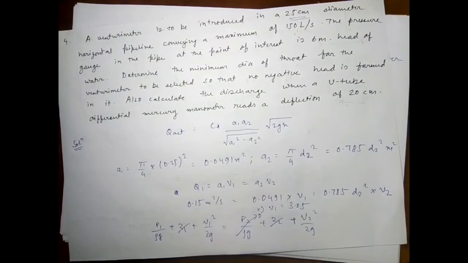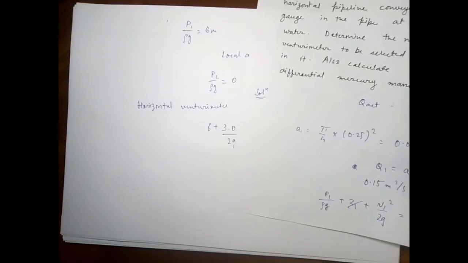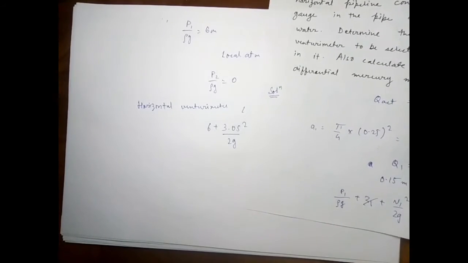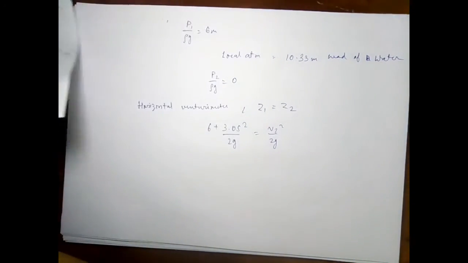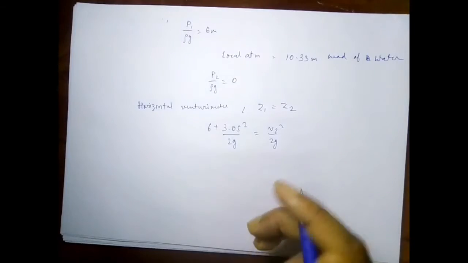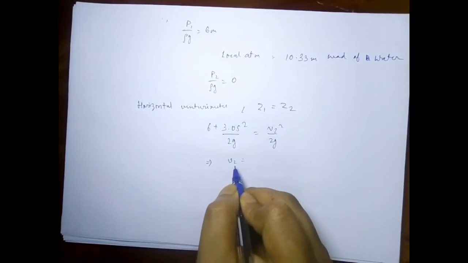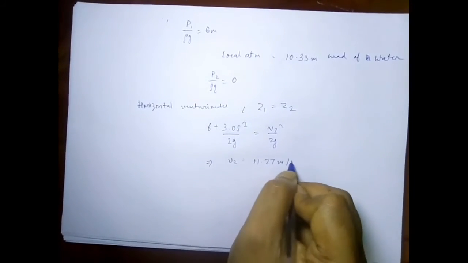So we will just be remaining with these three terms: P1 by rho g is written as 6, plus V1 square by 2g, which is 3.05 square upon 2g, and that will be equal to V2 square upon 2g. So from here I can get V2 is equal to 11.27 meters per second.